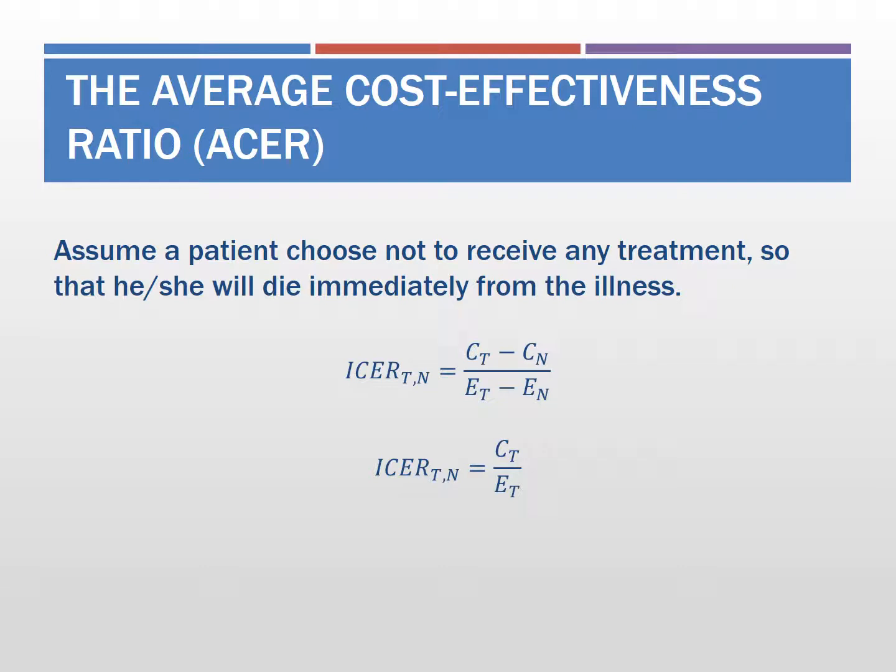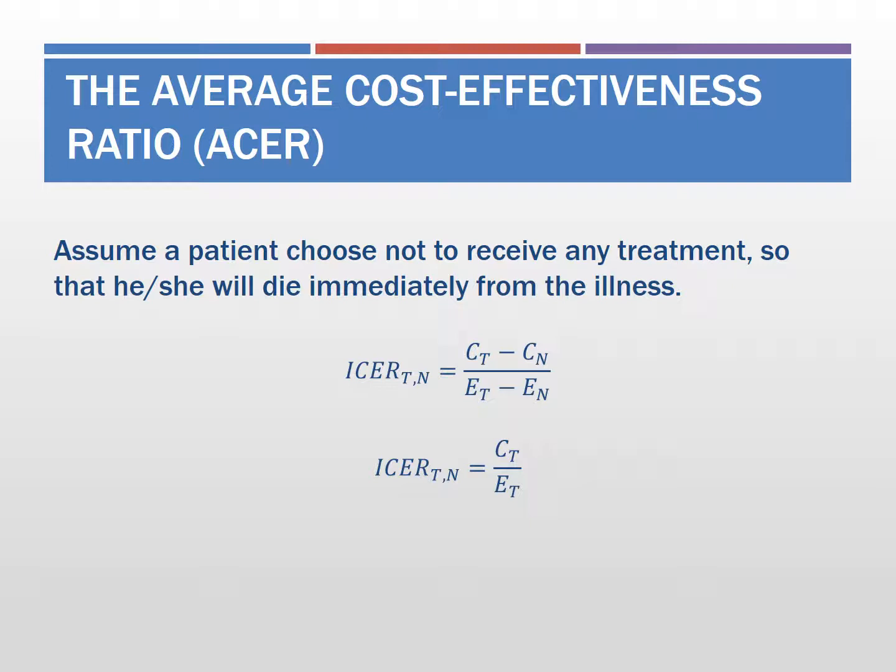Obviously, in this case, the benefits of not taking the treatments will become 0 again, because that person is assumed to be dead if not receiving any treatment. So if this special case is true, then the ICER between treatment and non-treatment becomes CT divided by ET, because CT minus 0 is CT, and ET minus 0 is ET itself.